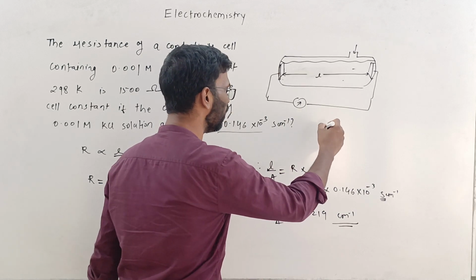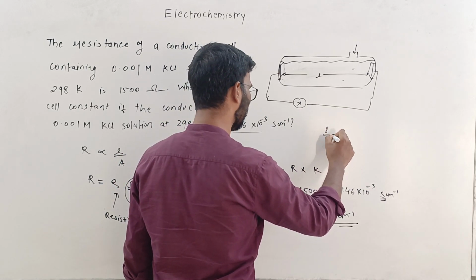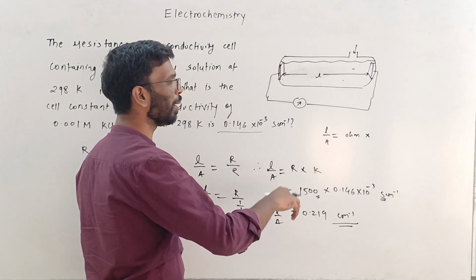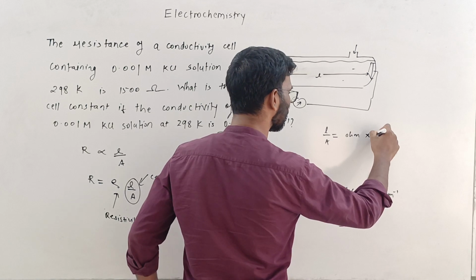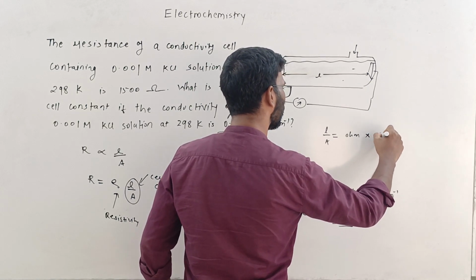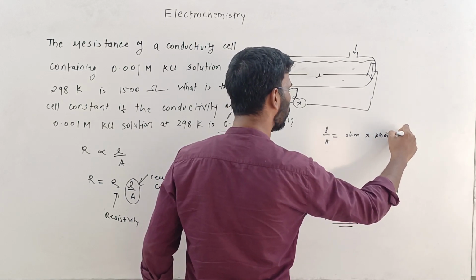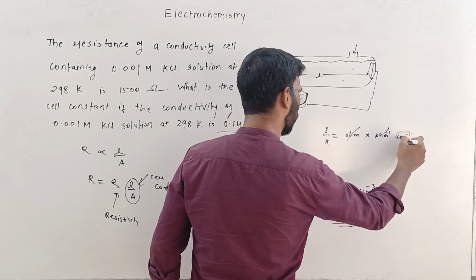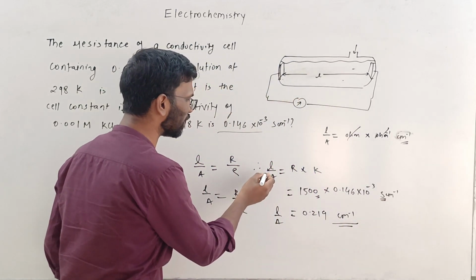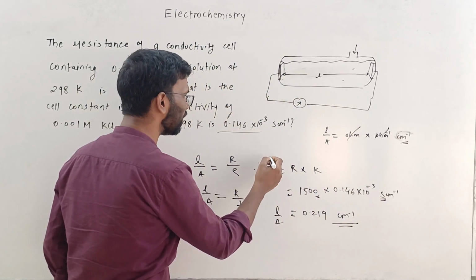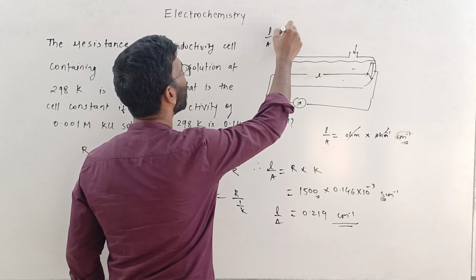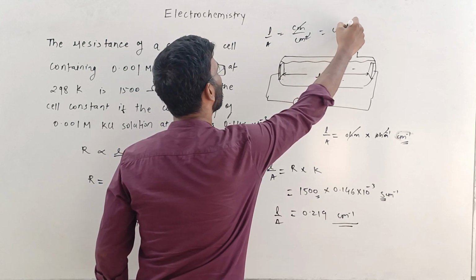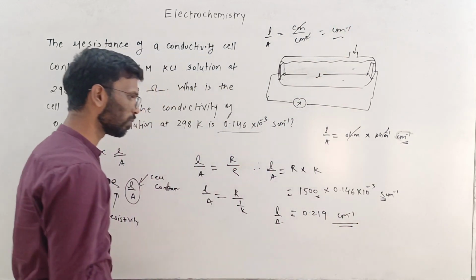In the unit illustration, the unit of resistance is ohm and conductivity is Siemens per centimeter, which is inverse ohm per centimeter. This and this cancel, and what remains is per centimeter. You can also check: L is centimeter, and A is centimeter square. These cancel, so centimeter inverse will be the unit, right?